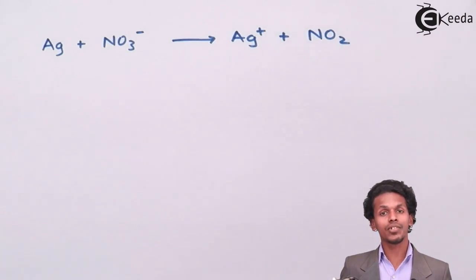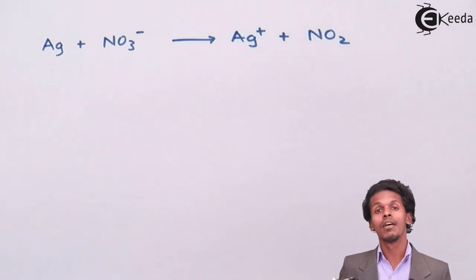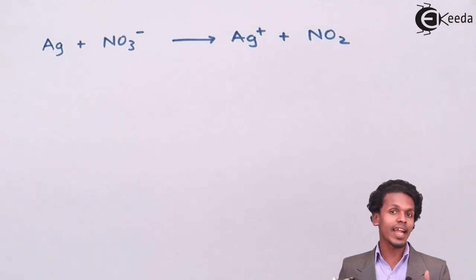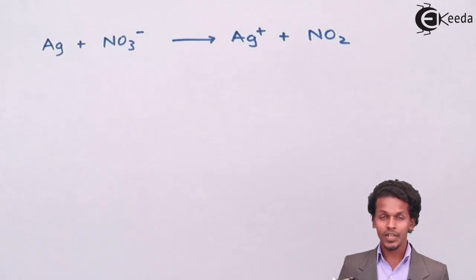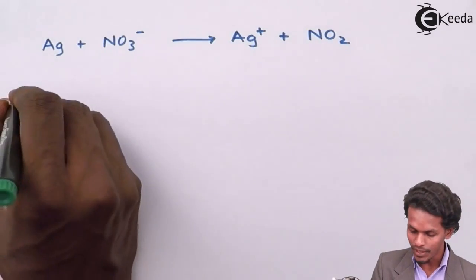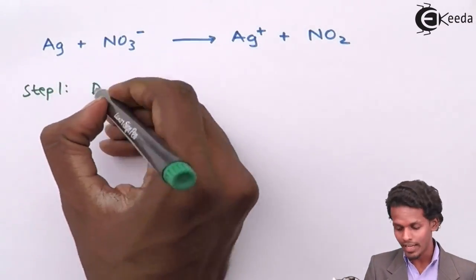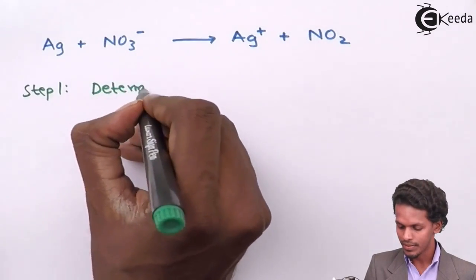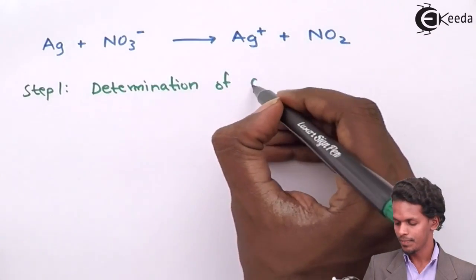So the first step that we are going to do is determine the oxidation number or oxidation state of the atoms present in the reactants as well as in the products. So let us do it. We are starting with step number 1, which I will name determination of oxidation number.